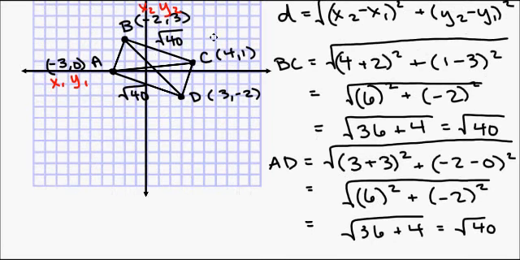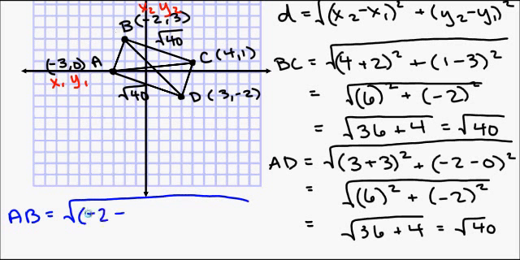So I'm going to change to blue for my two new sides. AB equals the square root of x2 is negative 2 minus x1 is negative 3, so plus 3, and 3 minus 0.